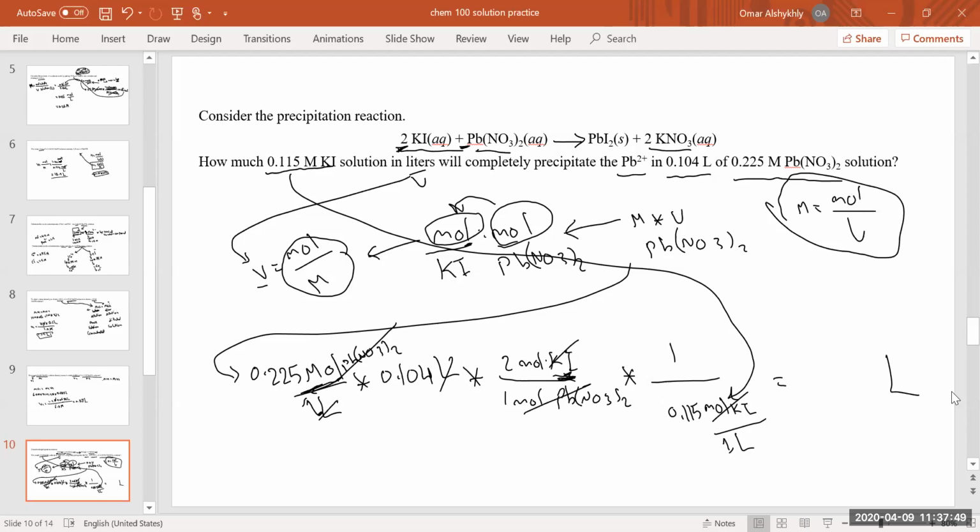Now let's do it. So we have 0.225 times 0.104 times 2 divided by 0.115 and equal 0.406 or 0.407.